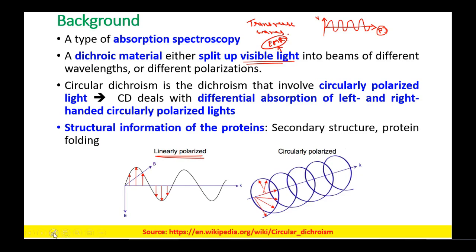However, these electromagnetic radiations are not only dependent on the electrical field. As I have shown you, this sinusoidal wave corresponds to the electrical field.